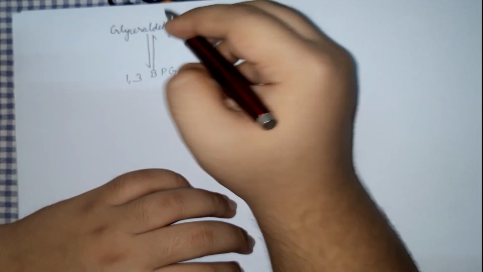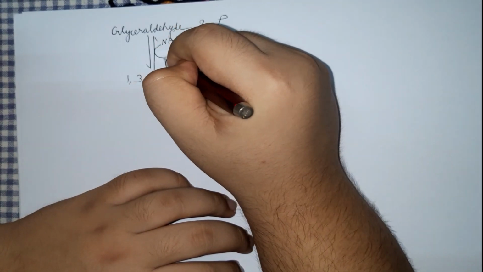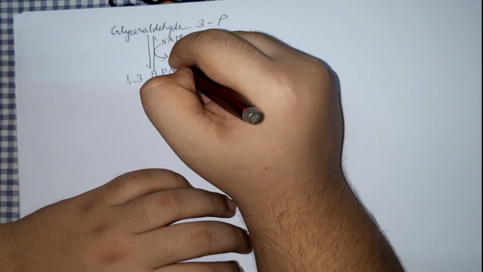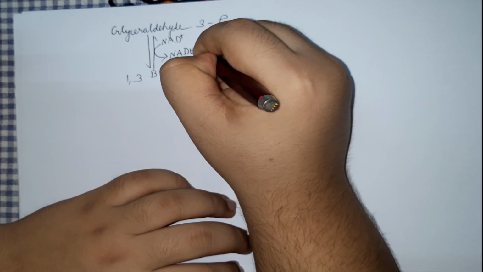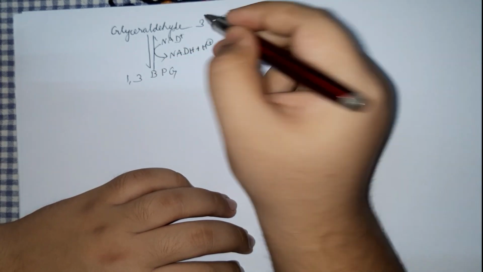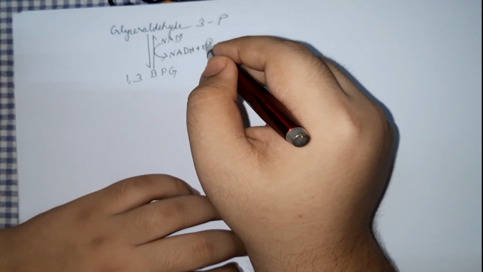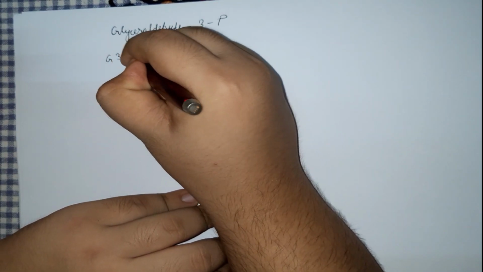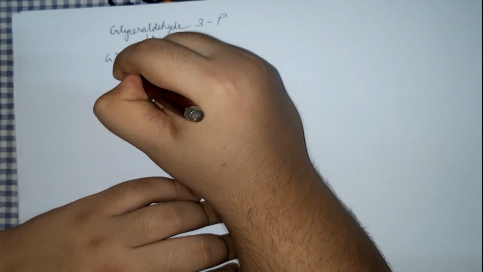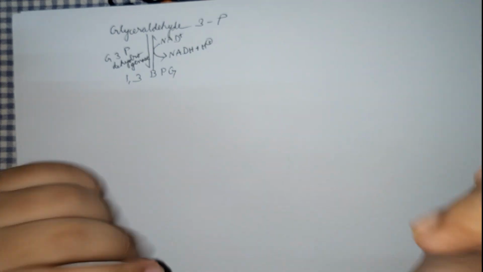And obviously we know that this is one of the only steps where oxidation is occurring and NAD plus is being converted to NADH plus H plus. And since this is dehydrogenation, the name of the enzyme is glyceraldehyde 3-phosphate dehydrogenase. This is something that we already know about.